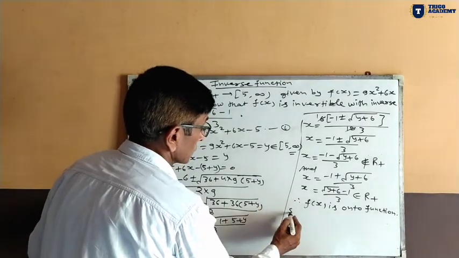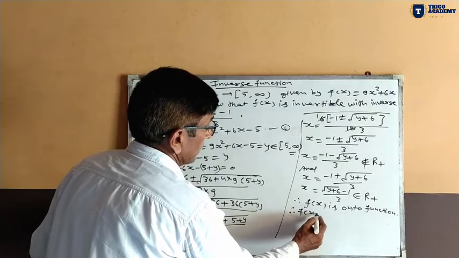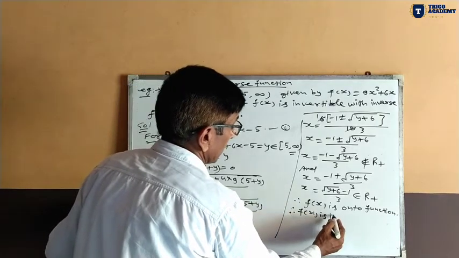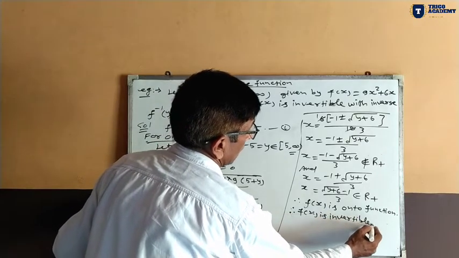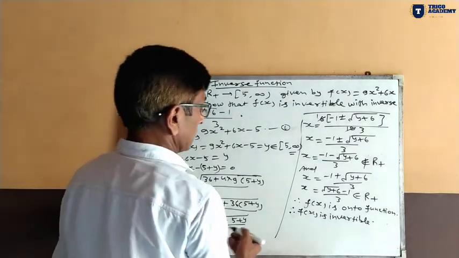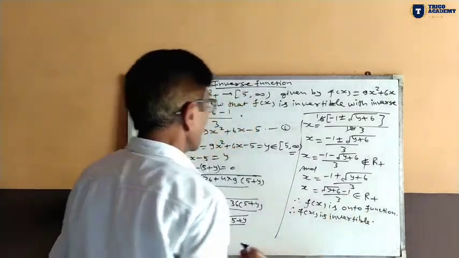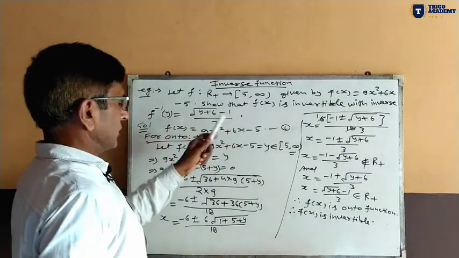So therefore f(x) is invertible. Okay, f(x) is invertible. Now we have to find the inverse of this function.